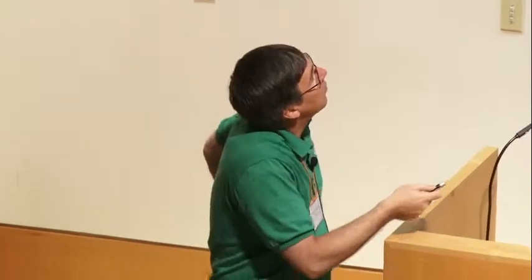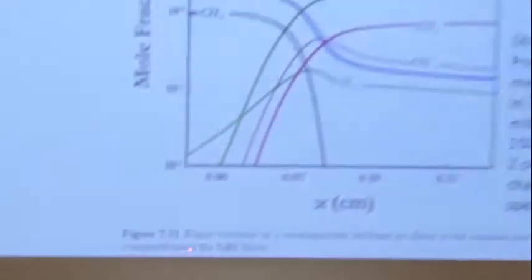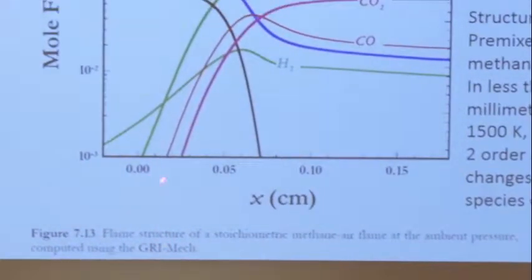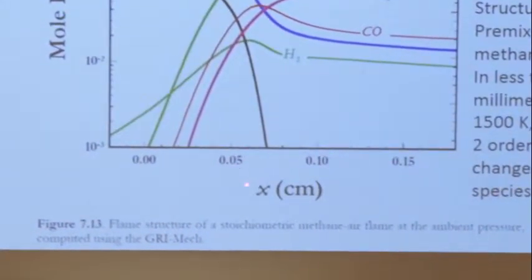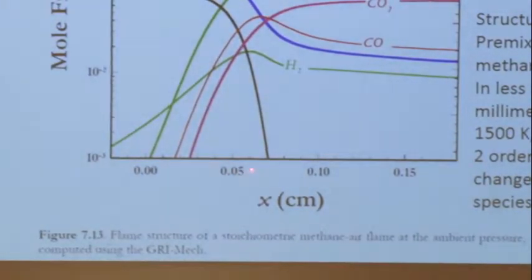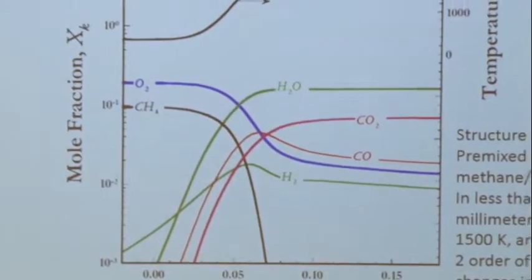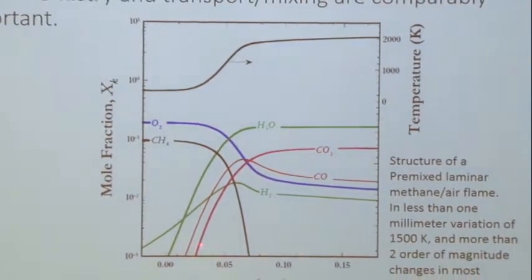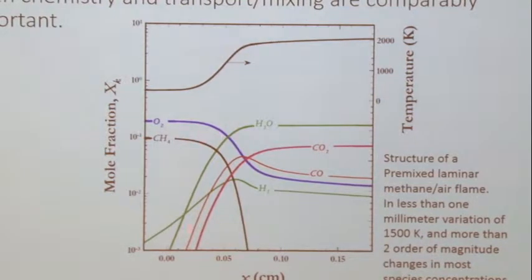All right, so this is just to show how inhomogeneous the systems are. This is a model for the flame structure of a methane air flame at atmospheric pressure with GRI-Mech. And you can see over the scale of, this is like tenths of millimeters, right? Each tick here is a tenth of a millimeter, it's 100 microns. So on the scale of 100 microns, the concentrations of species are going up and down a lot.